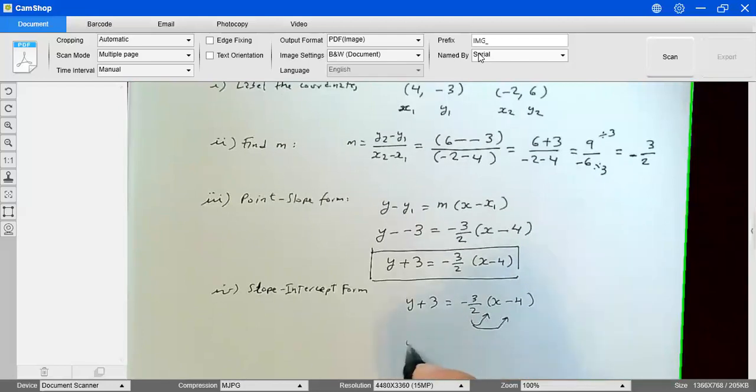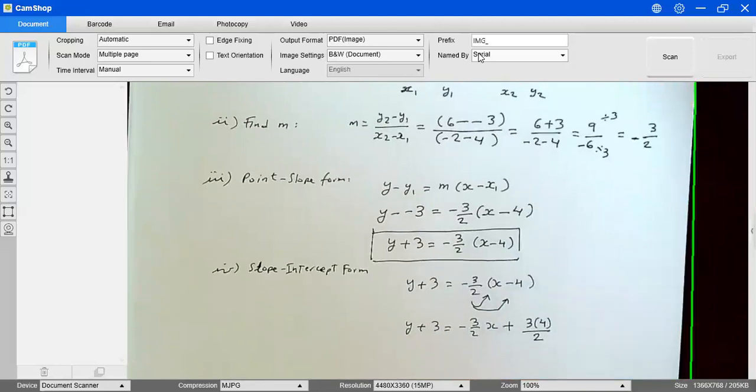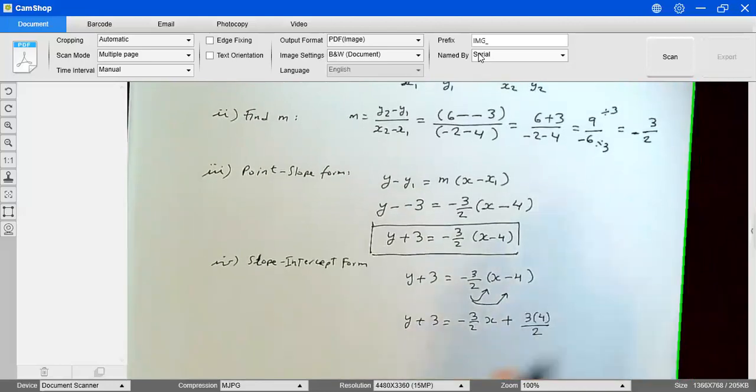So we're going to get y plus 3 equals negative 3 over 2x. Then negative times negative is going to be positive. Then we have 3 times 4 over 2. Then we simplify this fraction. So we have y plus 3 equals negative 3 over 2x. 3 times 4 is going to be 12 divided by 2 is going to be 6.